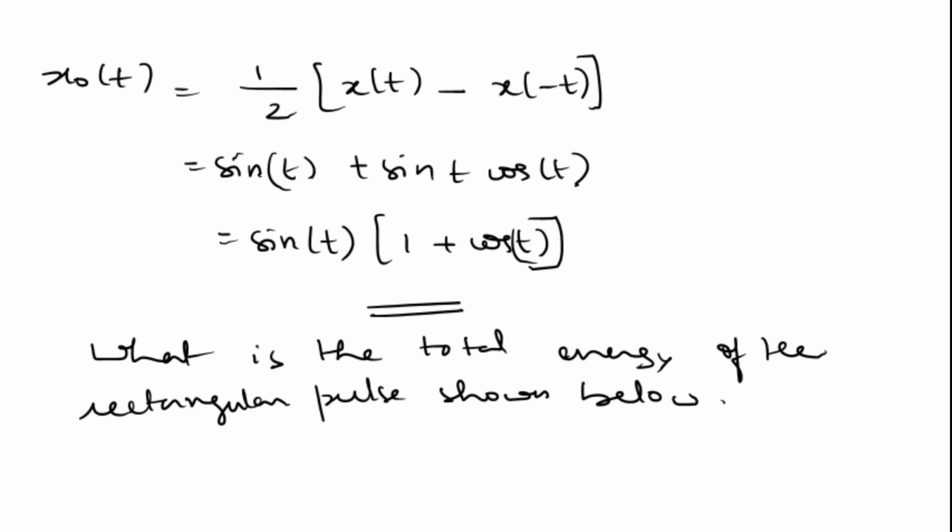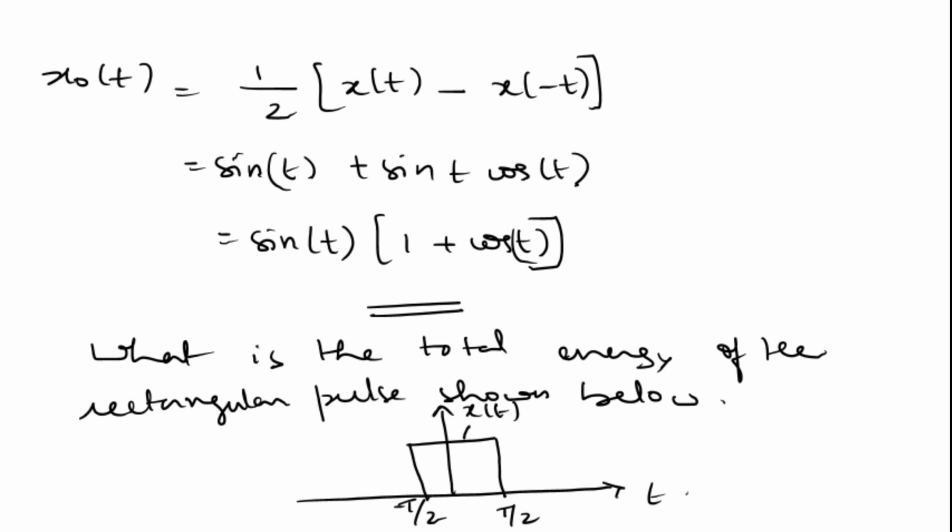It is given pulse as x of t, from minus t by 2 to plus t by 2, with amplitude a, and this is 0.